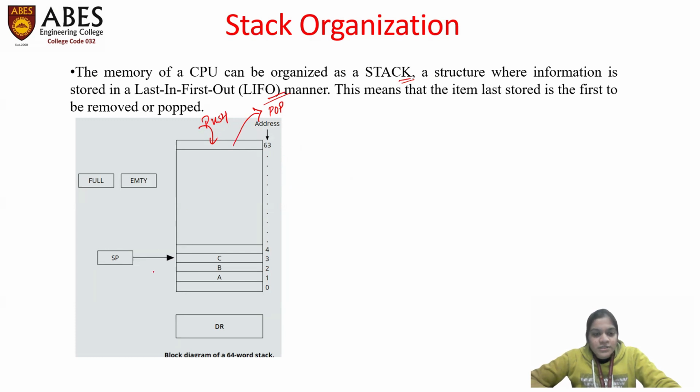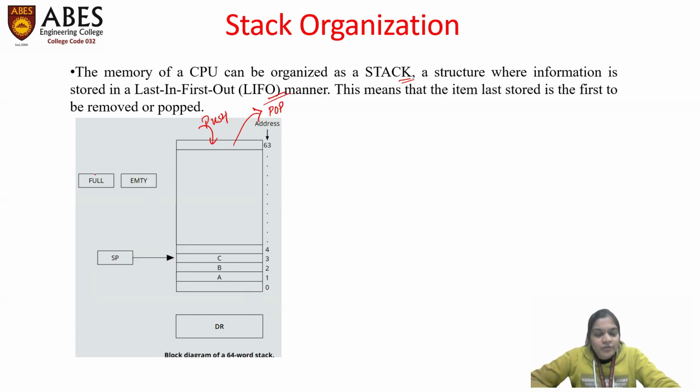So let us first understand this block diagram. Over here, we are considering a register stack for our system of 64 words, which is named from 0 towards 63, and location 63 of the register is on the top and 0 is at the bottom.